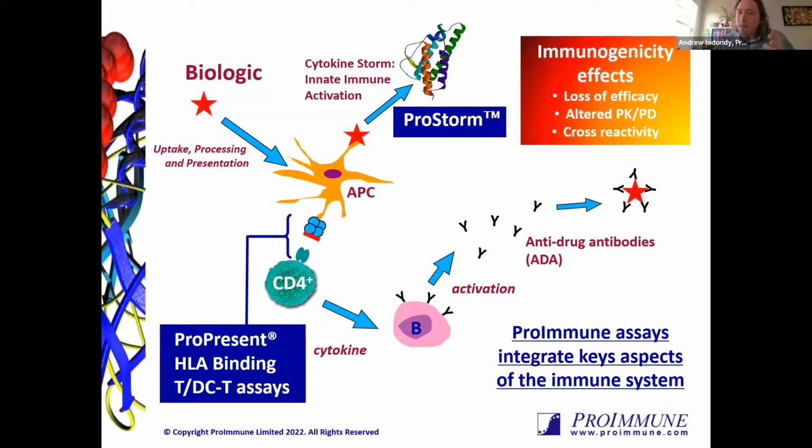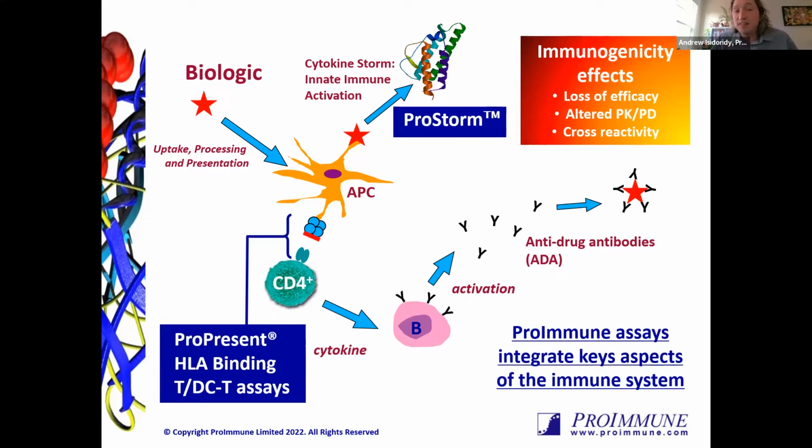To take a step back, the focus of my talk will be on generic peptides, but to give a little more context, here are some key aspects for understanding unwanted immunogenicity. You have your biologic, which is processed and presented by an antigen presenting cell.